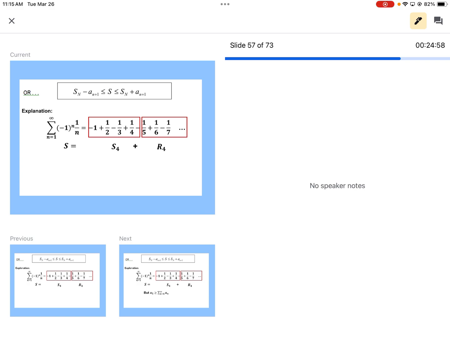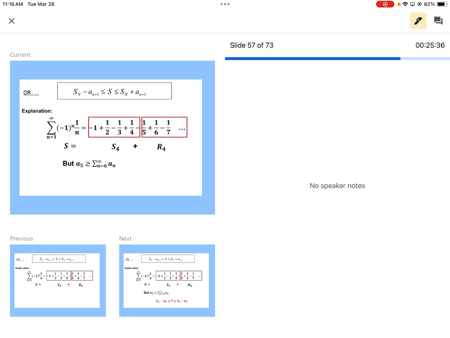But what we know is the 5th term, 1/5, is greater than or equal to the sum of the rest of the terms. Okay, we know that fact. We know the 5th term, according to this, is greater than or equal to the sum of the 6th on out. So we know that our error is going to be less than the difference between that.